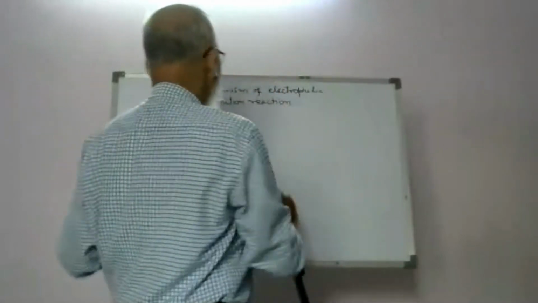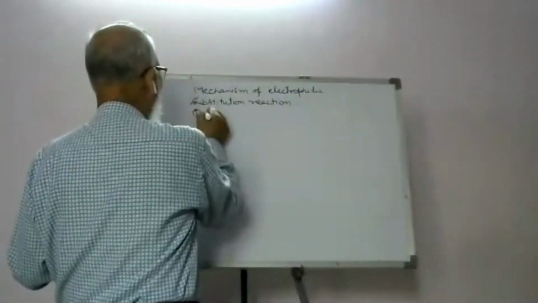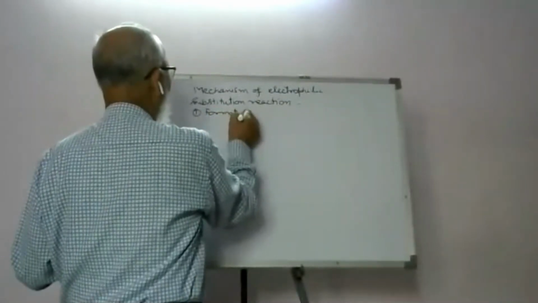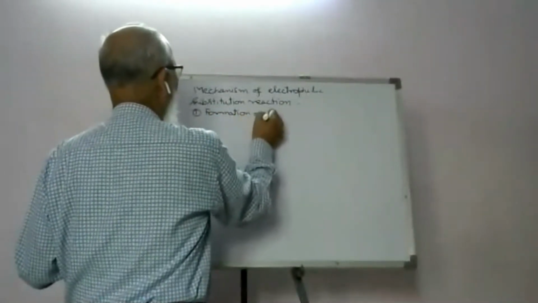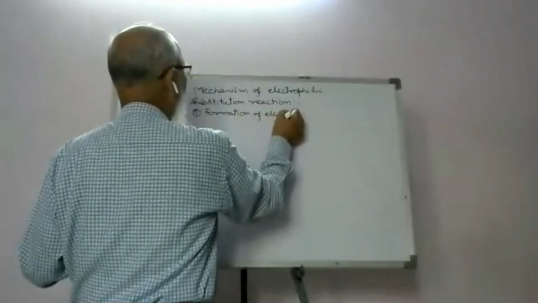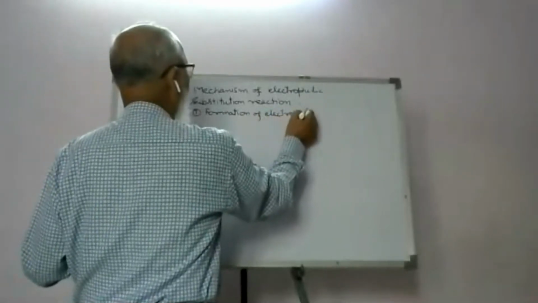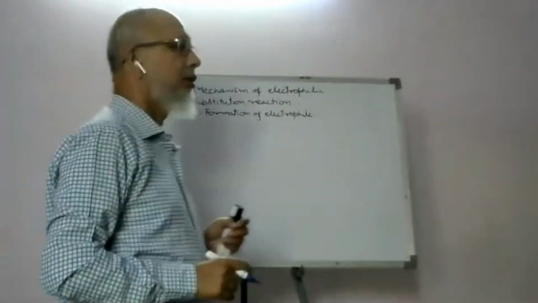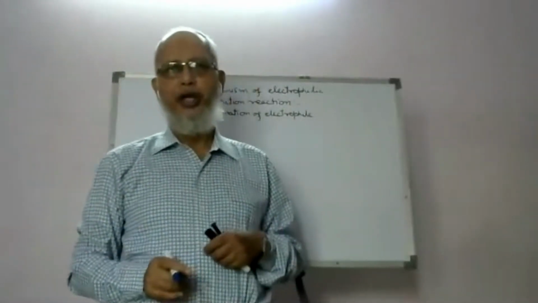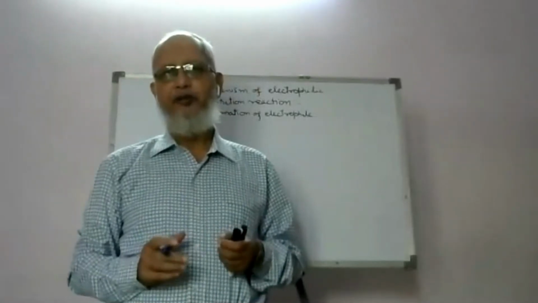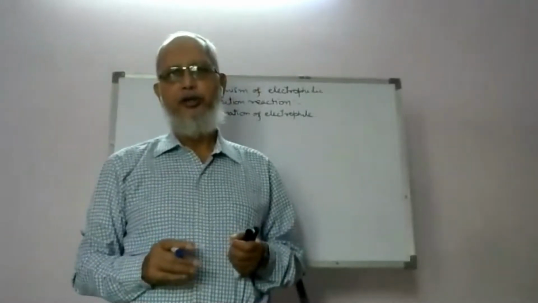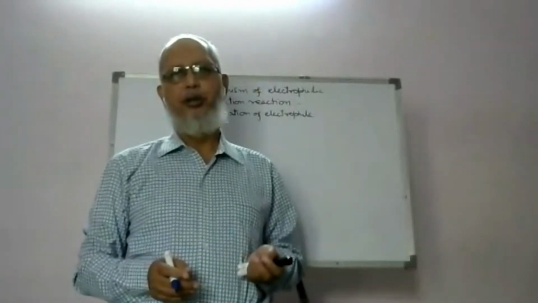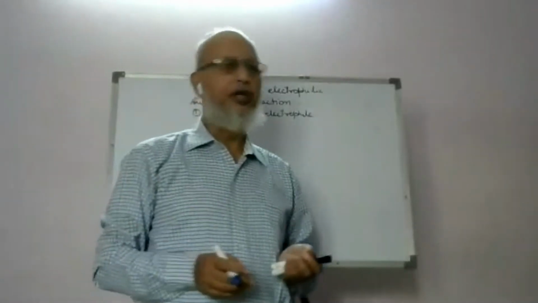So let us start the mechanism of electrophilic substitution reaction. The first step is formation of electrophile. And I have told you, in case of halogenation of benzene, we use a halogen carrier. The purpose of the halogen carrier is to form an electrophile which could attack the benzene nucleus.